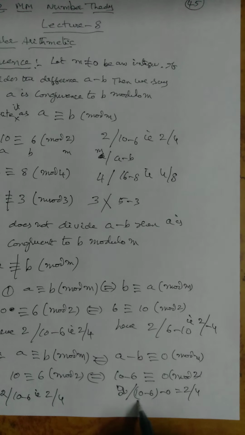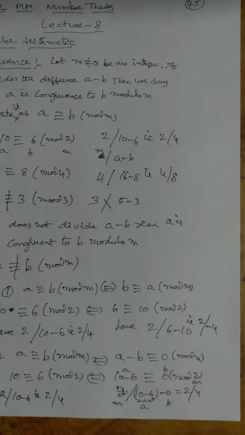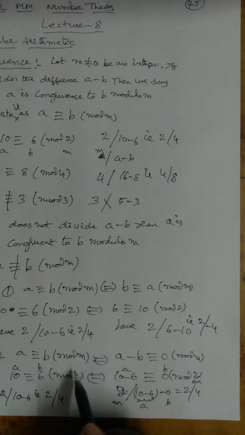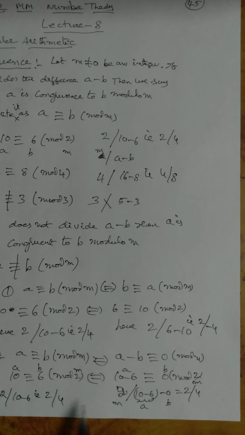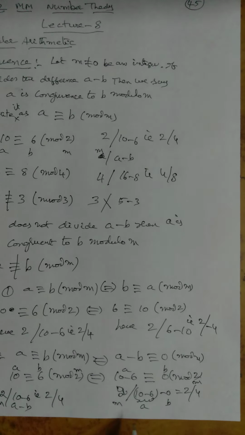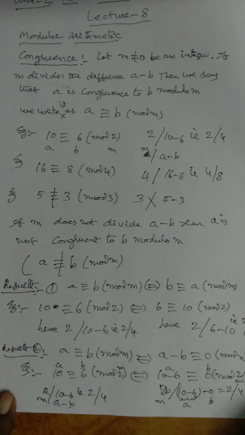This is a minus b. This is a, this is b, this is m. Here a minus b, both are same.